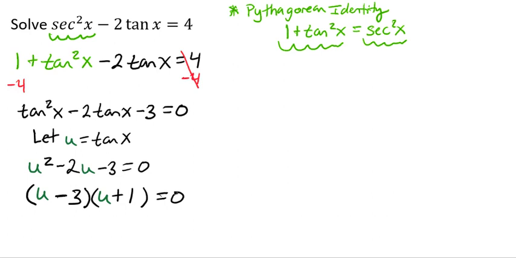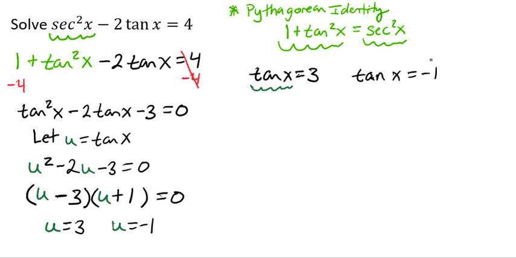And now I can use the zero product property, which will give me that u equals a positive 3, and that u equals a negative 1. So we're going to go ahead and plug our u back in, which is going to give us that the tangent of x equals 3, because remember we're replacing our u, and that the tangent of x equals negative 1. Now in order to separate the x from the tangent, we'll need to multiply by the inverse.